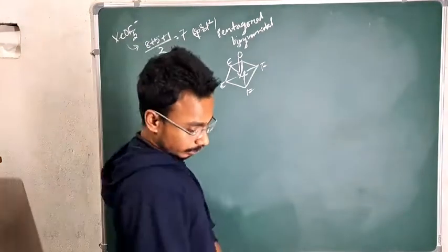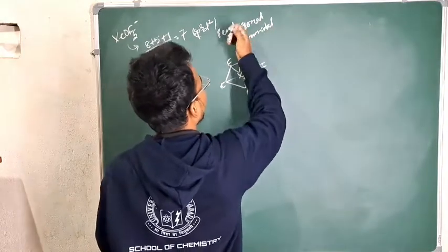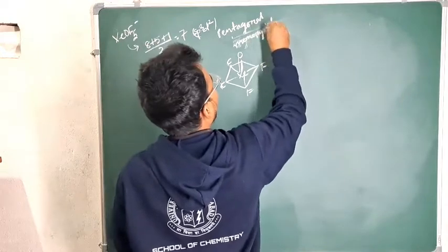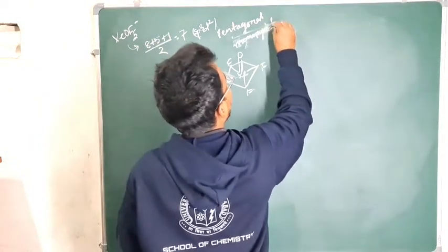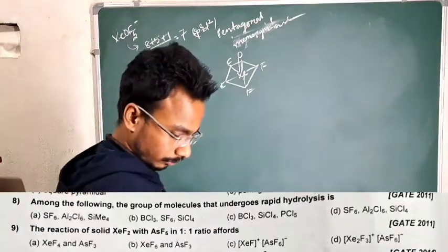So that option will be correct, monopyramidal. It will not be pentagonal bipyramidal, it will be monopyramidal. Next question.